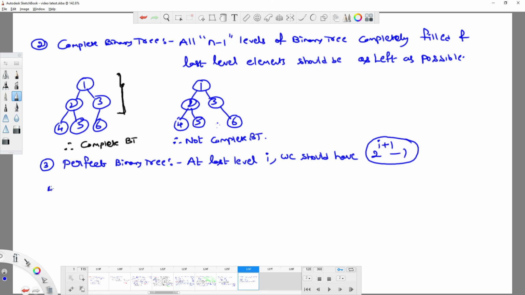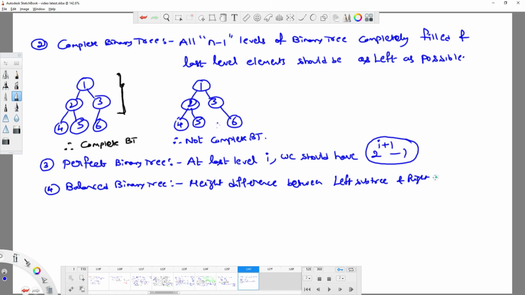Similarly, we can write some other kinds of trees, balanced binary trees. Balanced binary means the height difference between the left subtree and the right subtree should be minus 1 or 0 or plus 1.